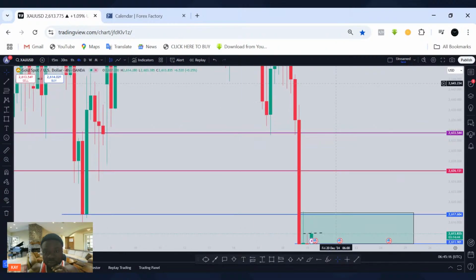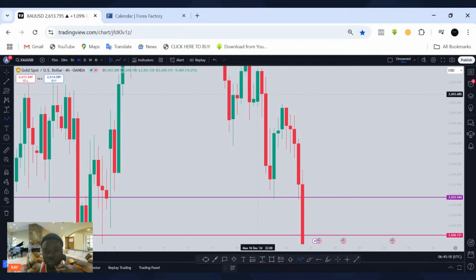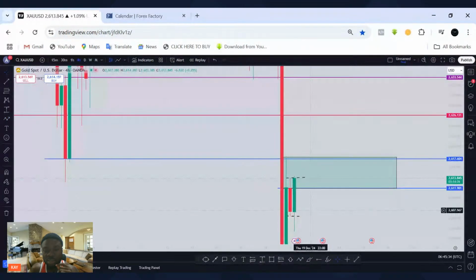When price broke out from this side, it created a resistance over here. You see the bearish candle created a resistance, and it happened exactly.